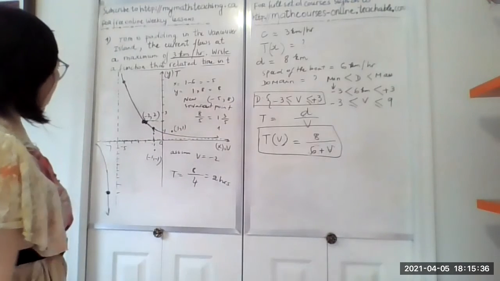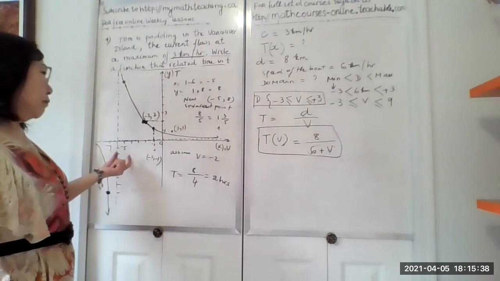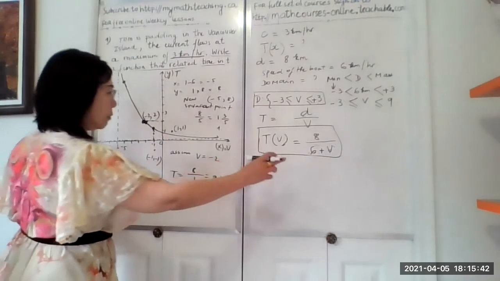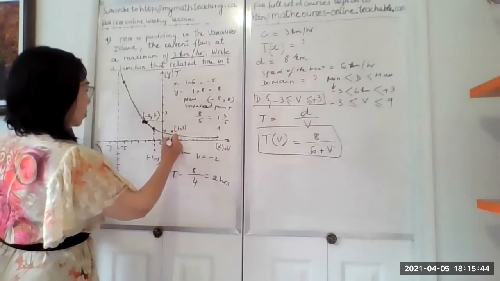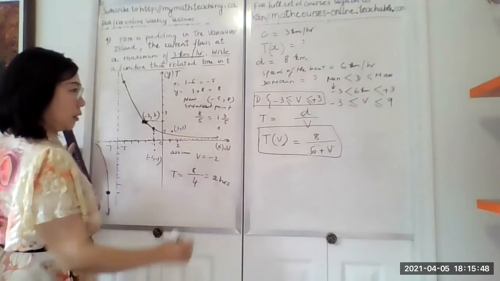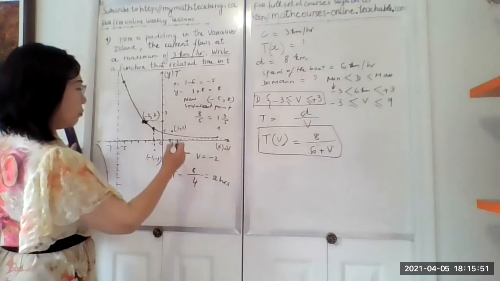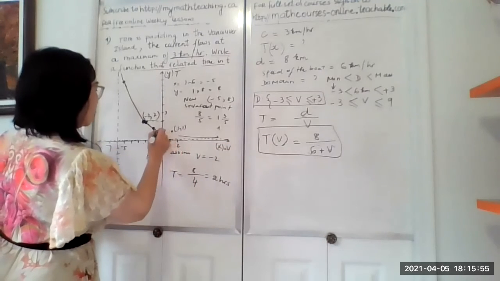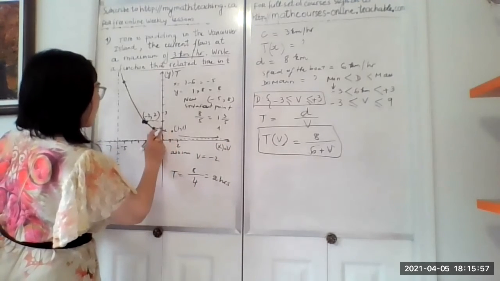What else? Let's say if v is, let's just say 2, then a divided by a will be 1. So actually, at 2, it should go above this a little bit.